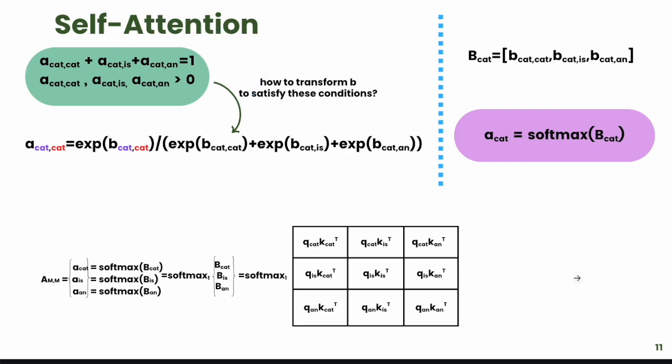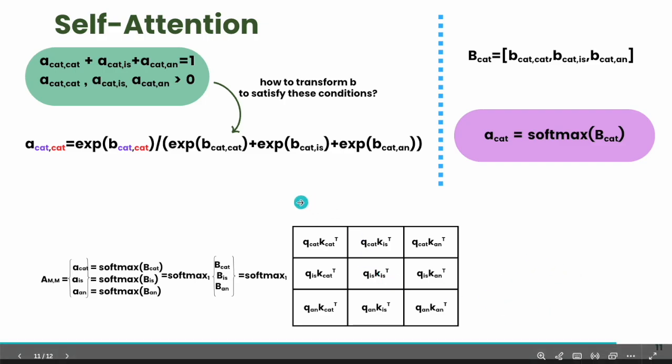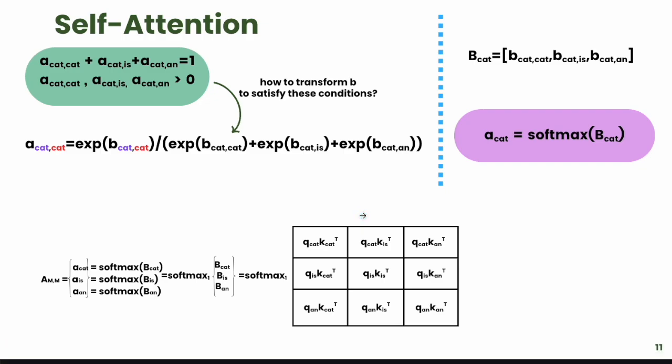And now when we replace the different b values by inner products, so the inner products were taken between the query and the key vectors, and that's what we've done here, right? So we've replaced all the different b values by the inner products between the query and the key pairs. And as soon as you do that, something great happens.